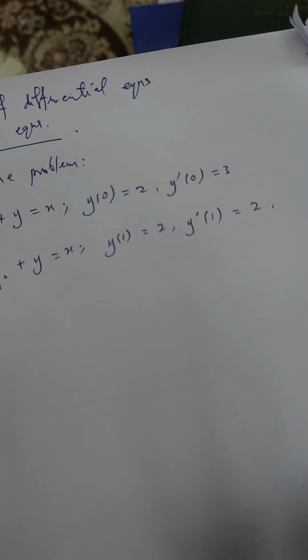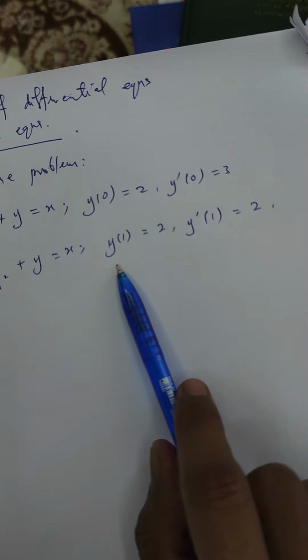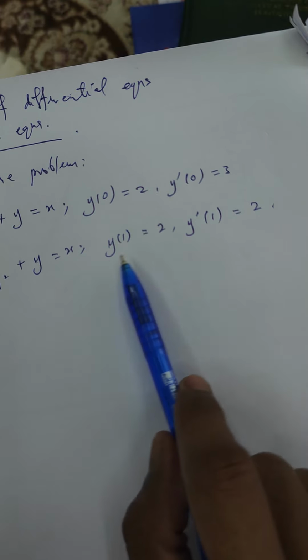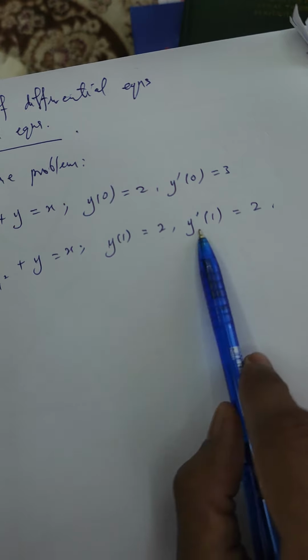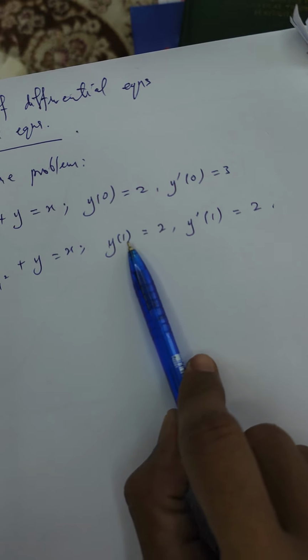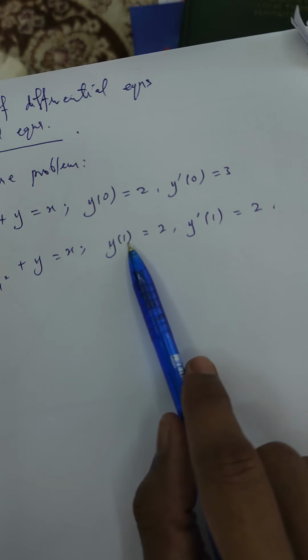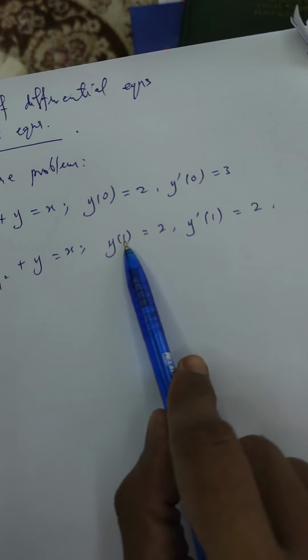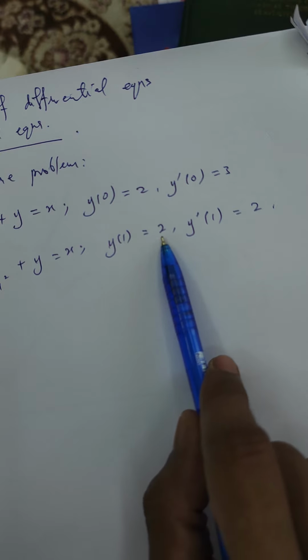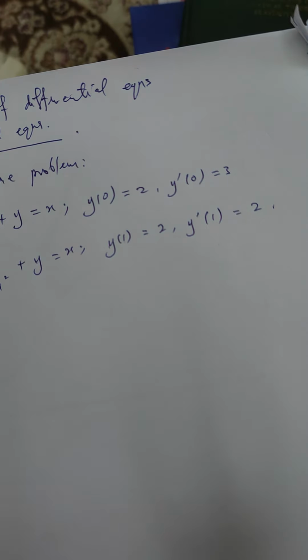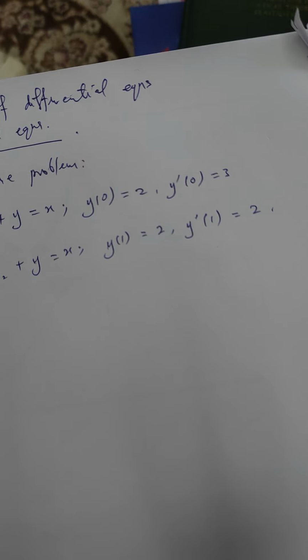Again, the one that changes is the dependent variable y and y prime, whereas the independent variable x we fix at 1.